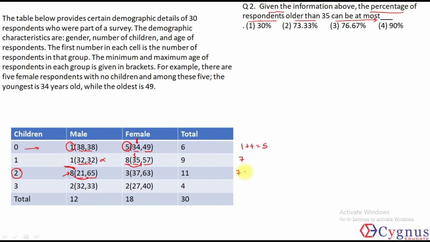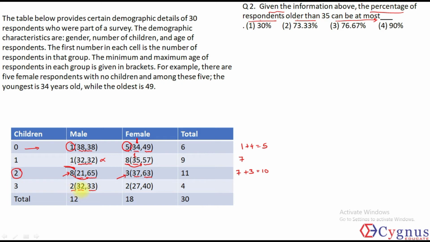So I'll take 7 males from this bracket. What about females? Minimum is 37, maximum is 63. That means all 3 females are older than 35 years. So I'll take these 3 also. That makes 10 here.